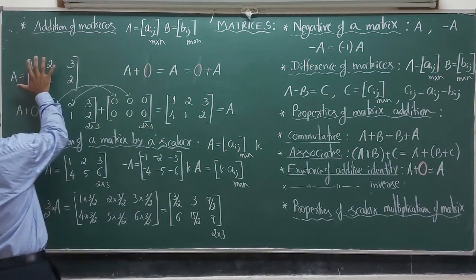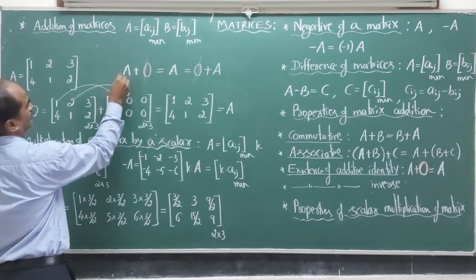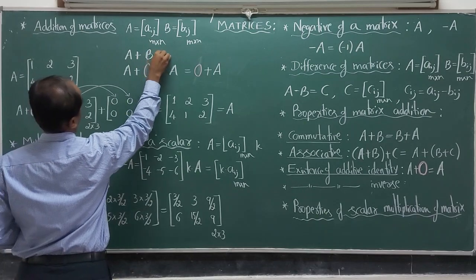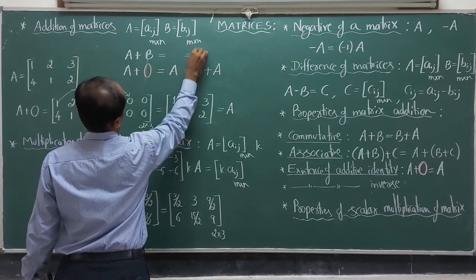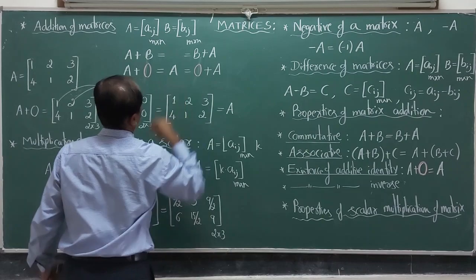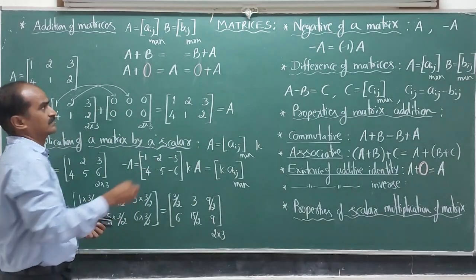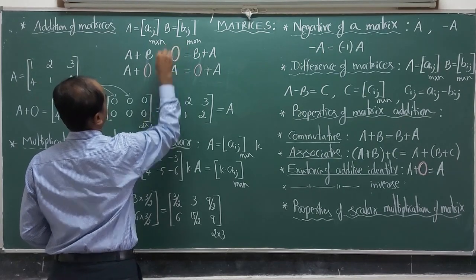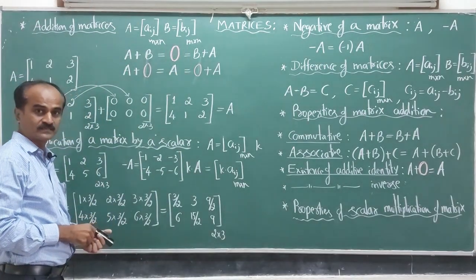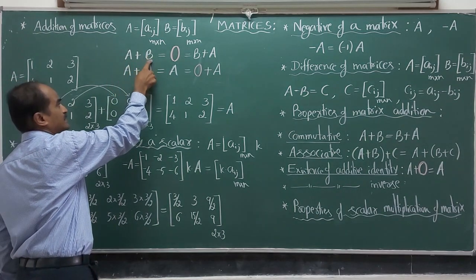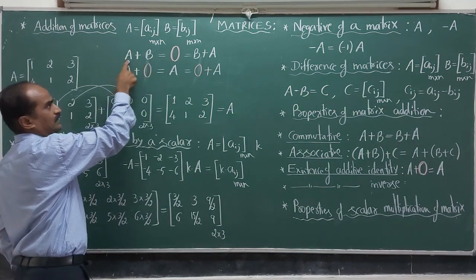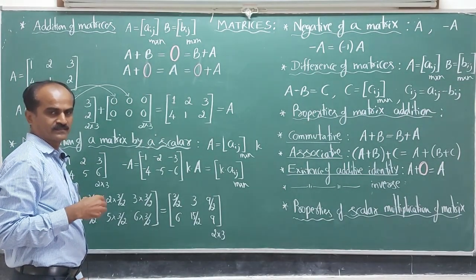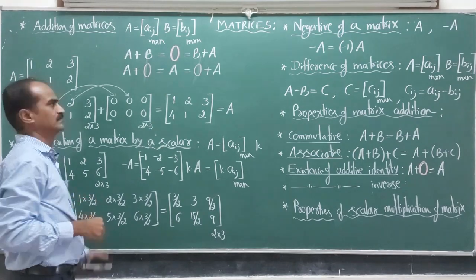Now I took the same matrix A, on adding some matrix, say B, or that unknown matrix B, when it is added to A, I should end with the additive identity, that is a null matrix I have to get. On adding which matrix with A are you ending with the additive identity matrix, that is a null matrix? Let us see that now.